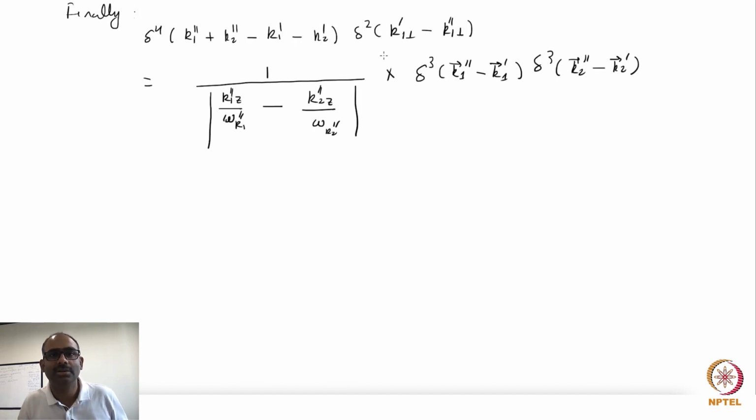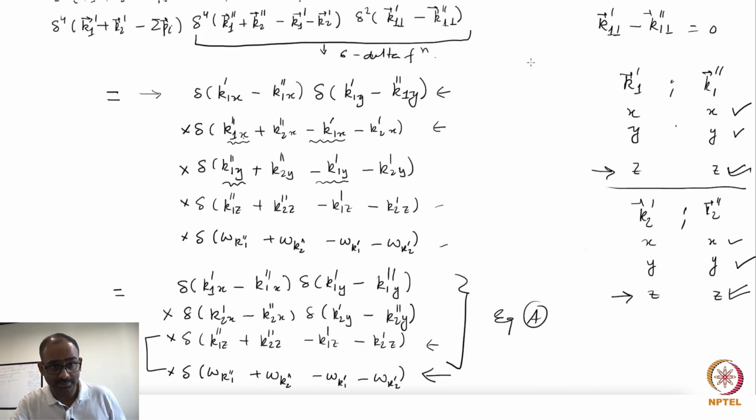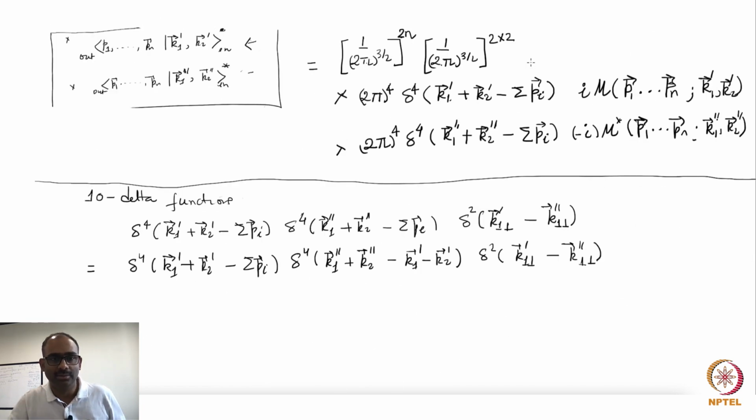We have 6 here and 4 previously. So in total we had 10, right? Total delta functions are 10. 4 here, which says that k1 prime plus k2 prime is equal to the sum of all external momenta or the final state momenta, and then 6 of these.